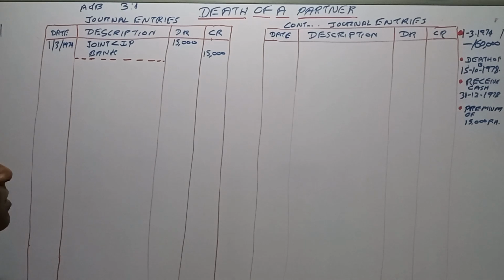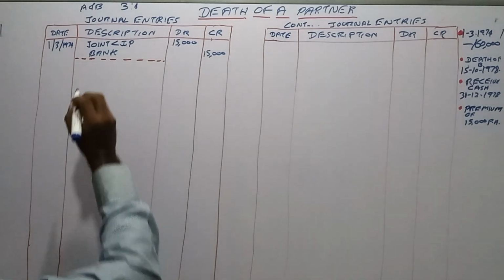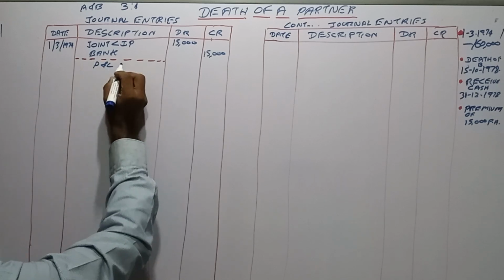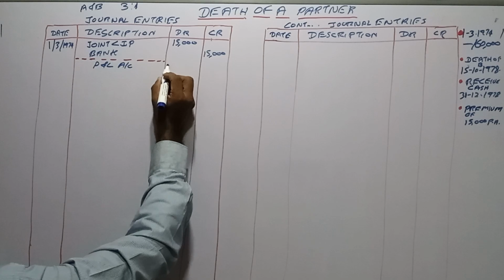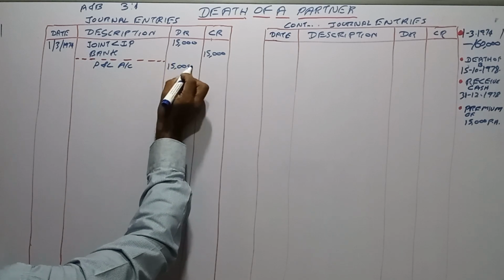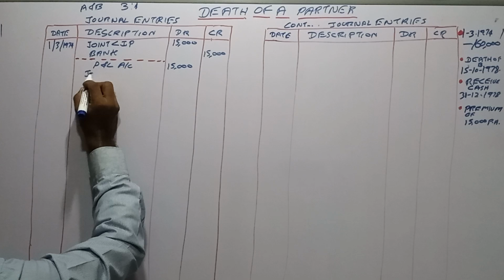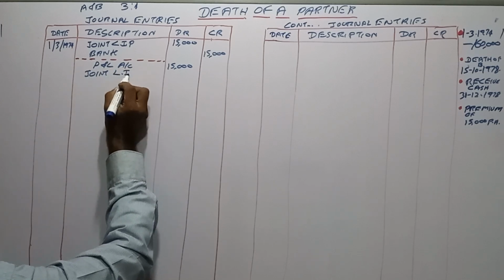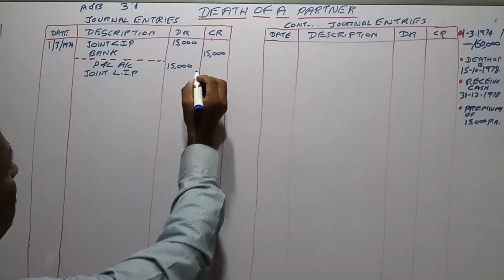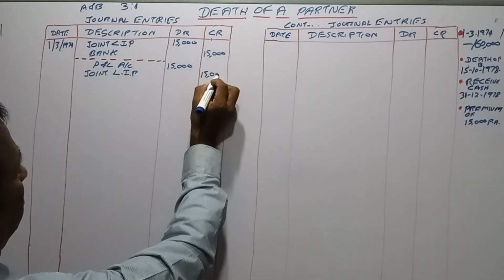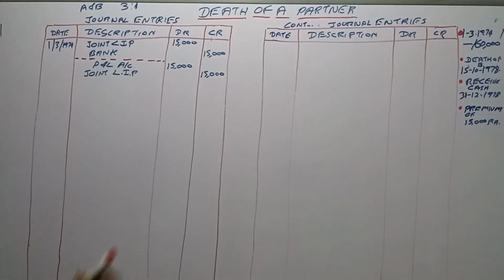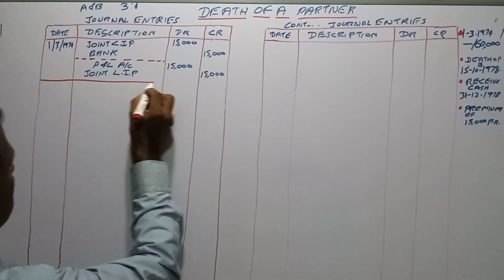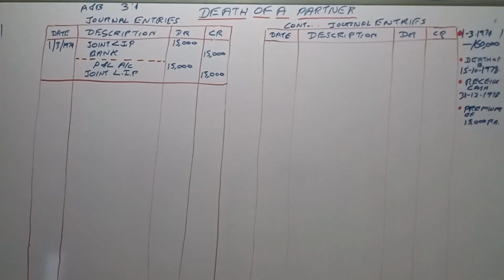Number two is profit and loss account debit 15,000, joint life insurance policy credited 15,000. This is the entry we have to make for that year.